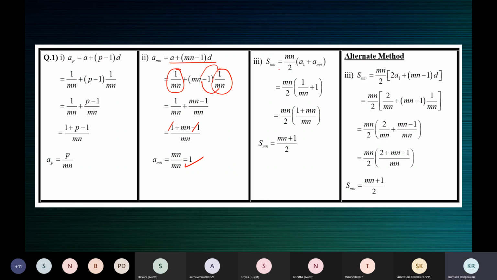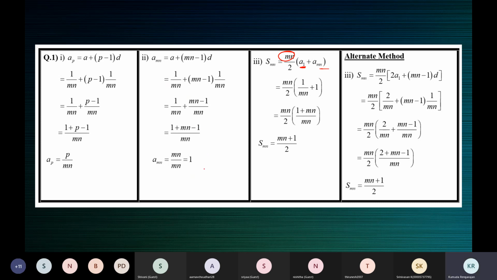The sum to mn terms is mn by 2. That is, if you're finding the seventh term, it is 7 by 2. If you're finding the nth term, it's n by 2. Whichever term you're finding, that by 2. So Smn, the sum to the first mn terms, is given by mn by 2 of the first term plus the mnth term.